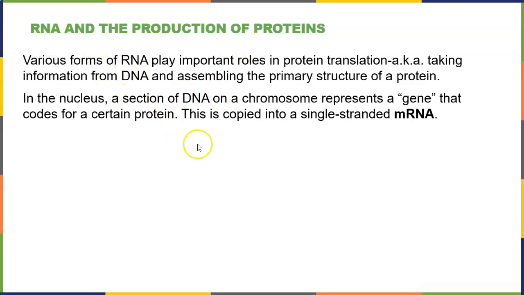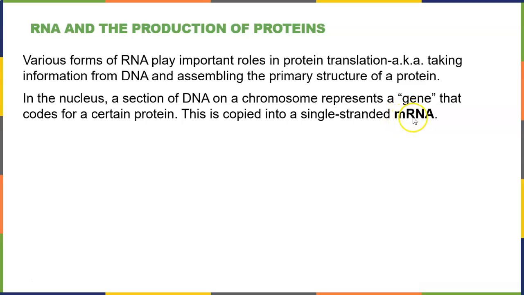RNA is going to create proteins, and I think this is maybe a little bit more than we need here, but just to show you, on a chromosome we have this piece of DNA that's going to get transcribed, not translated, transcribed. It's actually called transcription.